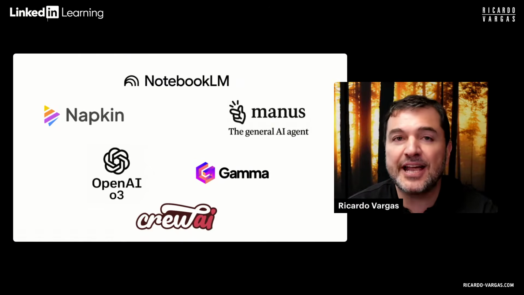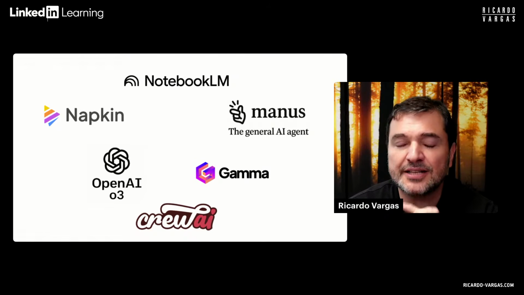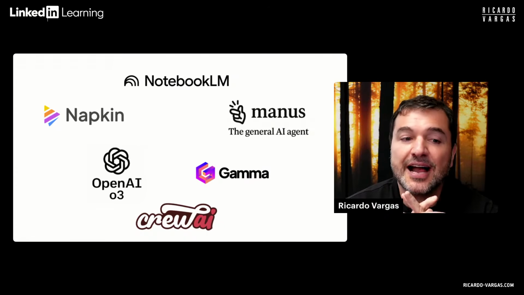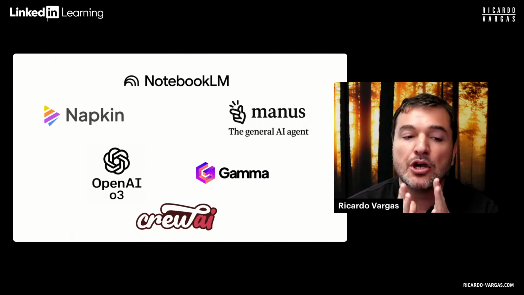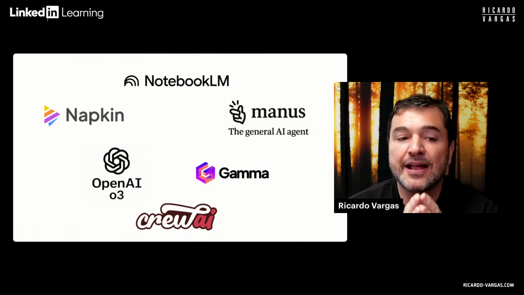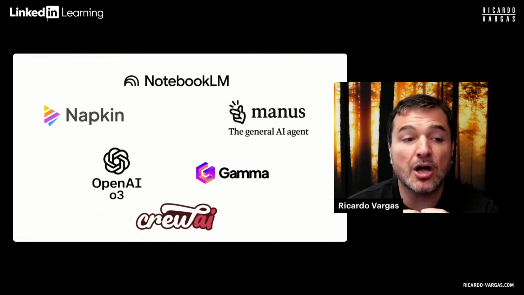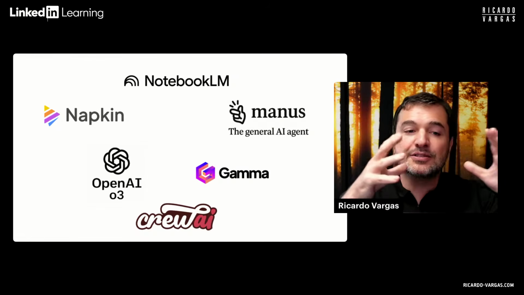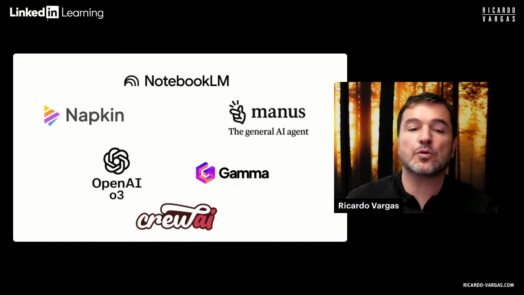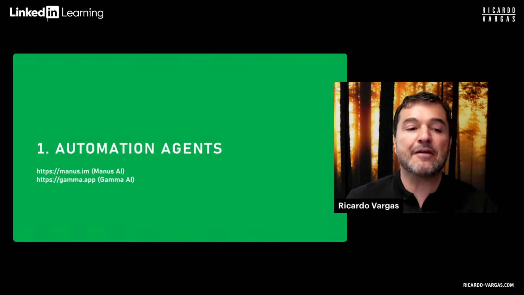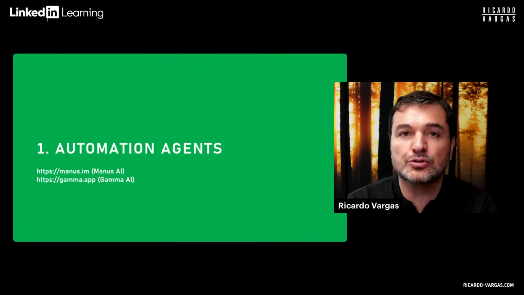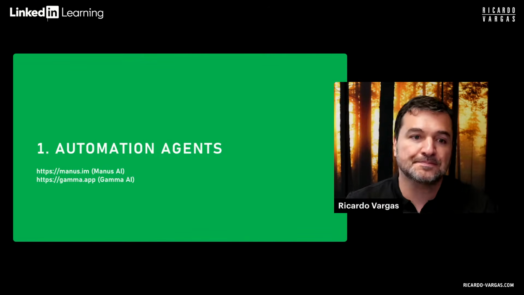Stay tuned to the end, because I will do a demo with Notebook LM, Manus, Gamma, Crew AI, OpenAI o3, the reasoning model, and Napkin, in a very integrated way. Let's start with my first one, an automation agent, using Manus and Gamma.